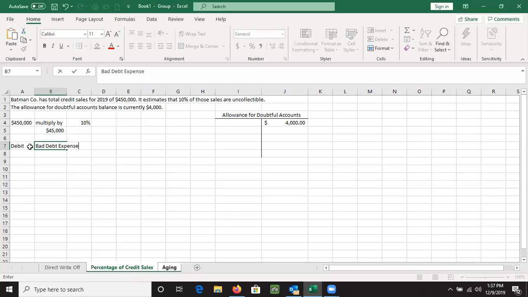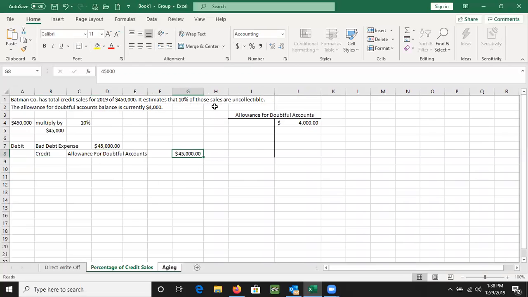So that didn't change for whatever you estimated, 45,000 in this case. And we're going to credit allowance for doubtful accounts. All right, I'll just add it over, 45,000. This is the journal entry.